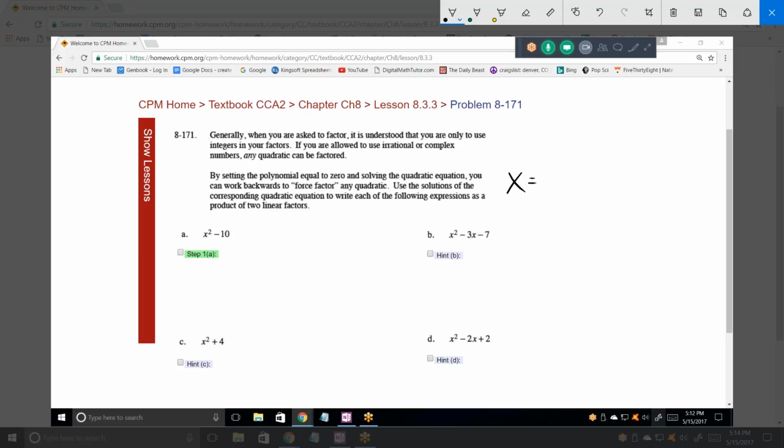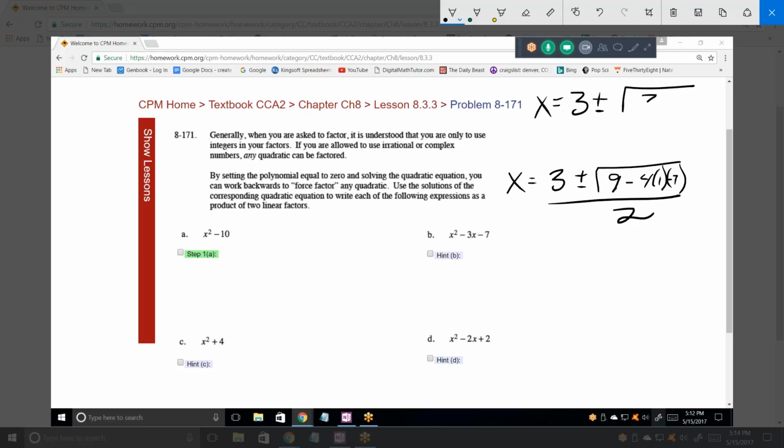I trust that you've got the quadratic formula memorized. 3 plus or minus the square root of 9 minus 4 times 1 times negative 7, all over 2. Okay, what is that? That's 9 plus 28, so that's 37. So x equals 3 plus or minus the square root of 37 all over 2.